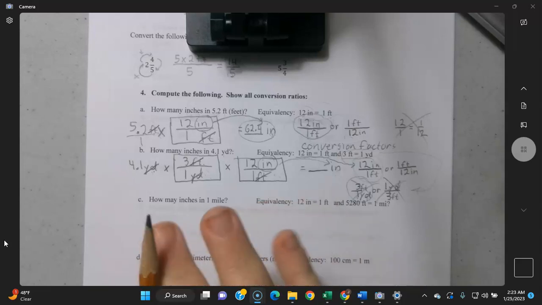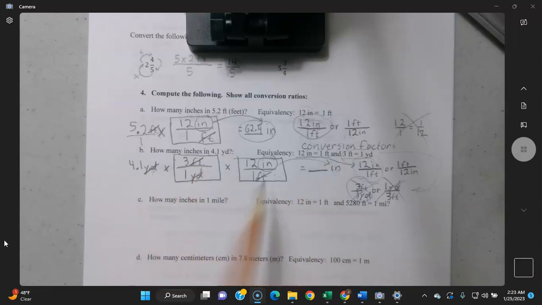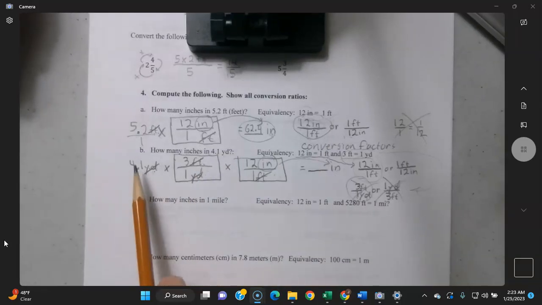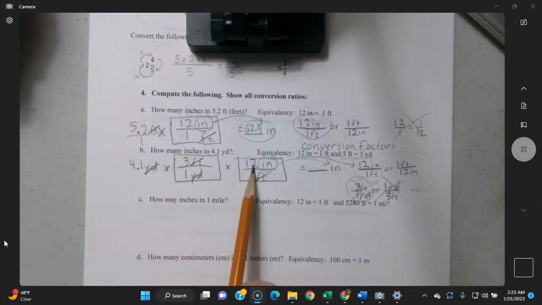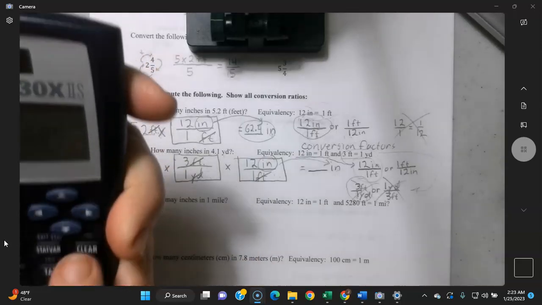So notice we haven't done anything with numbers. We've just canceled units of measure so far. So now what you do is you multiply everything on the top. 4.1 times 3 times 12 divided by 1 divided by 1. So I'll show you that on the calculator.